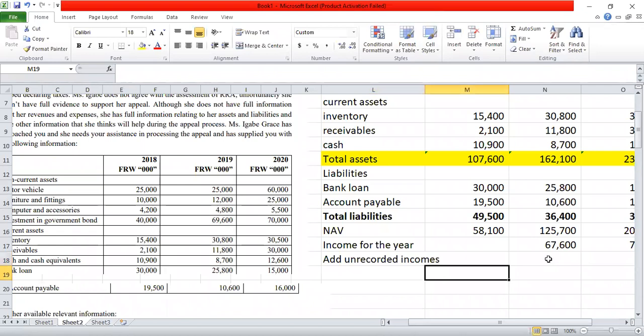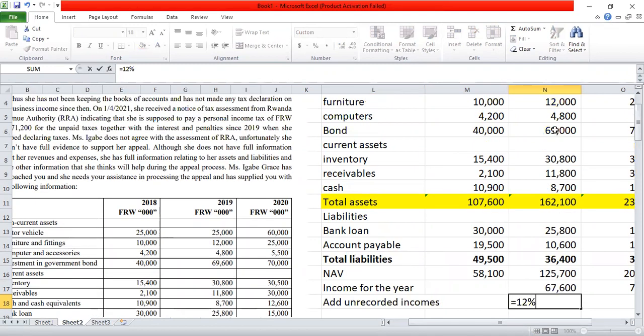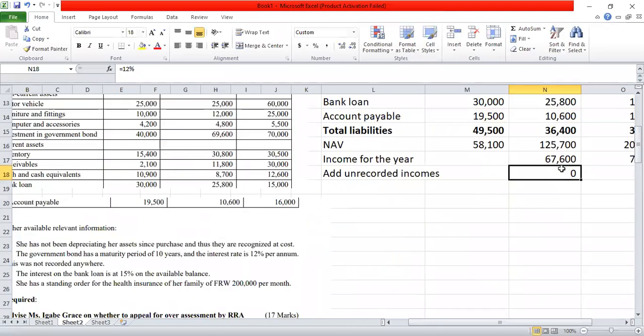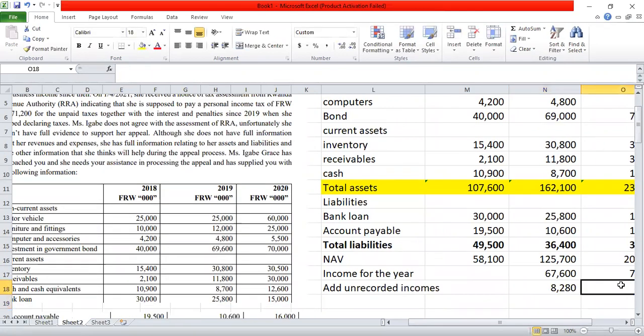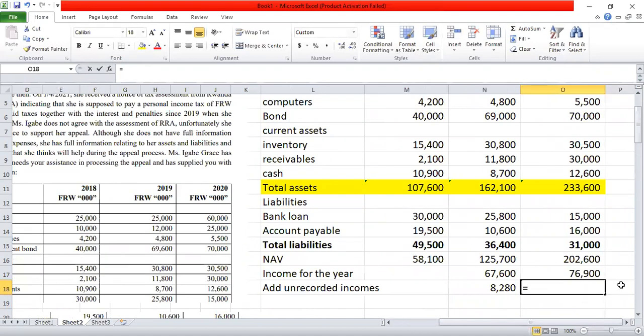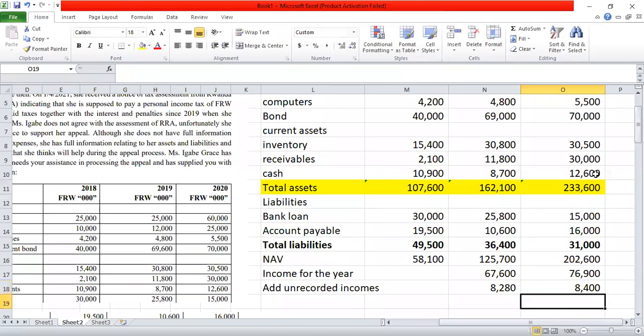For 2019 here, because it's 12%, we are going to get 12% times the value of the government bond, which is this. And here, still 12% times the value of the government bond, which is this.